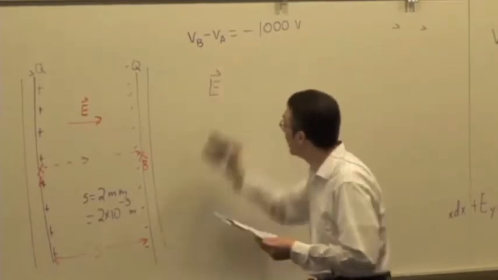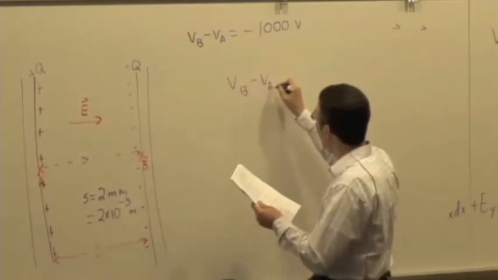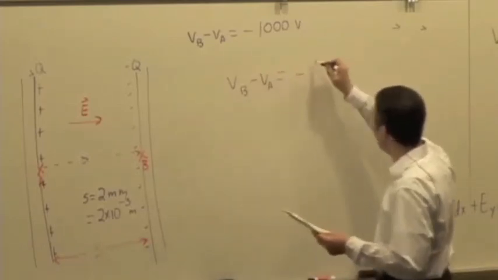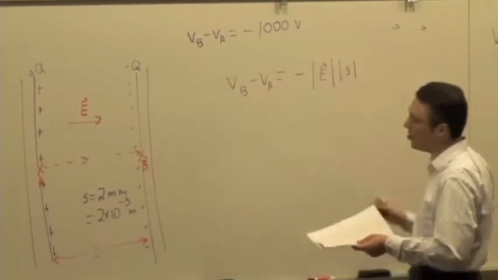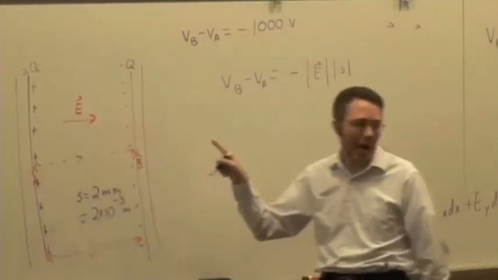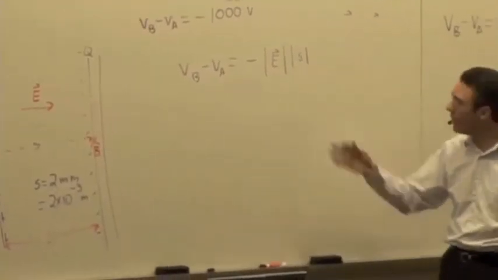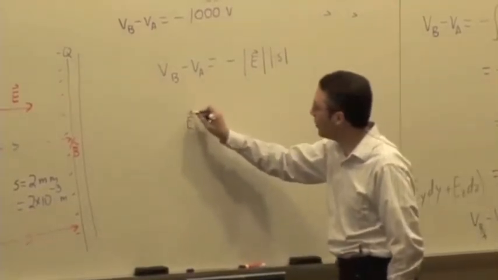VB minus VA is going to be the negative of the magnitude of that electric field times the magnitude of that distance times the cosine of 0, because we're going in the direction of the path. Cosine of 0 is 1. So that's the result.